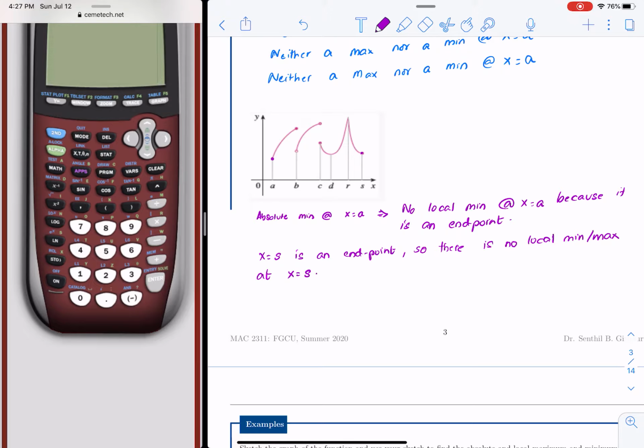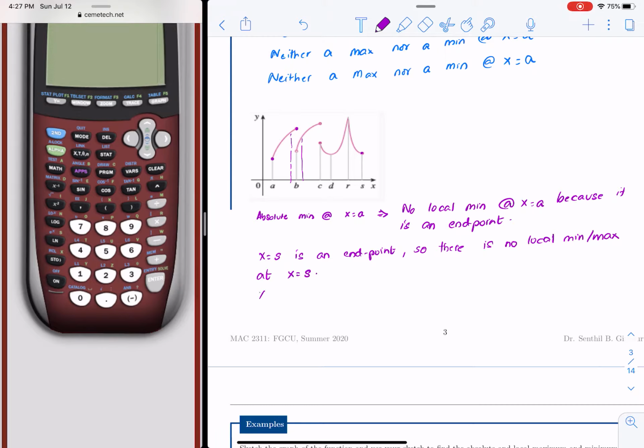What about the point x is equal to b? X is equal to b has a value defined, which is right over there. And that particular value on an interval about b is the largest value that we can think of. So that is the local maximum for b.